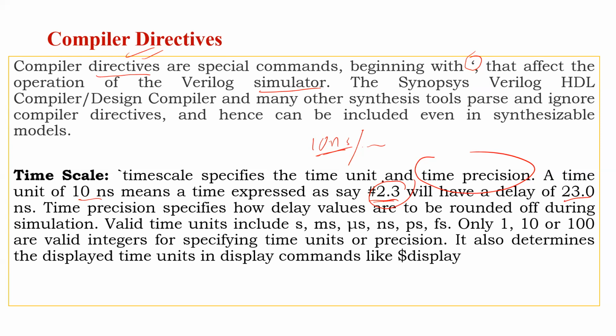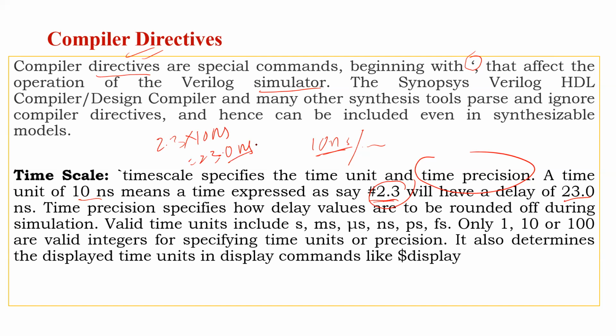Whatever value is specified is taken as a number and the units are applied as specified. 2.3 means 23 nanoseconds, since 2.3 is multiplied by 10 nanoseconds, which equals 23.0 nanoseconds.